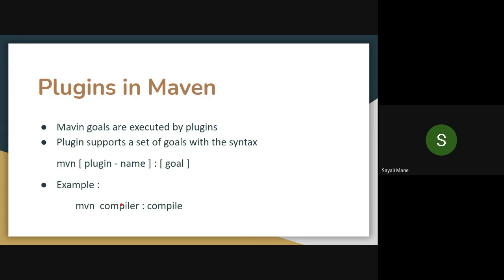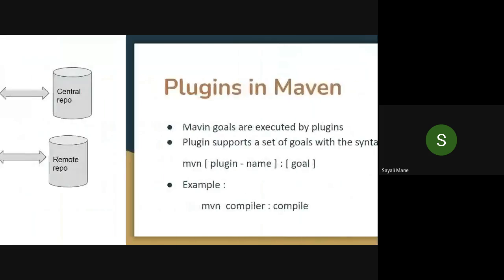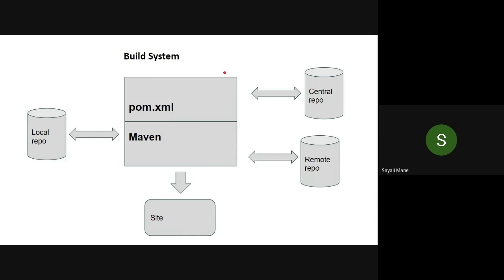So when you enter that compile into this architecture, Maven will go to the pom.xml file and search all the information related to the compile command or compile phase. Once it comes to know that compile requires this dependency and this version, all your document is there in the pom.xml. After that, the user will simply download the respective files related to the respective command.